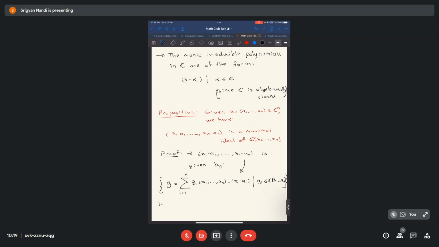So in this proposition, we basically prove that this ideal is in fact a maximal ideal. Since we defined a in the proposition to be equal to (a1, ..., an), let us say M_a is given by this ideal (x1 minus a1, ..., xn minus an).